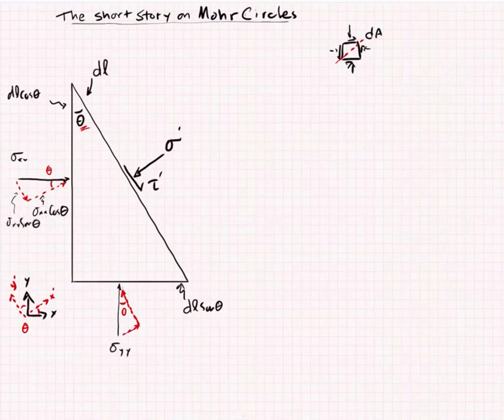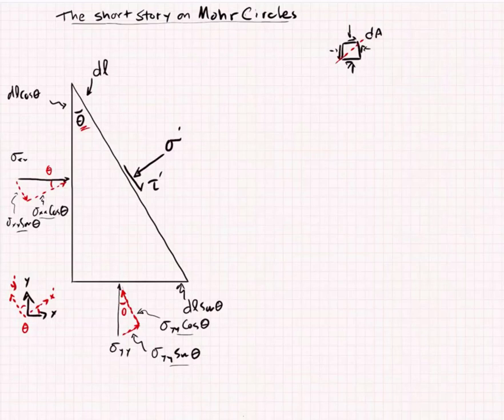And down here, this component is sigma yy cosine theta, and this one is sigma yy sine theta. So now we have 1, 2, 3, 4 forces acting in the x prime or y prime directions to which sigma prime and tau prime on the angled surface have to react.